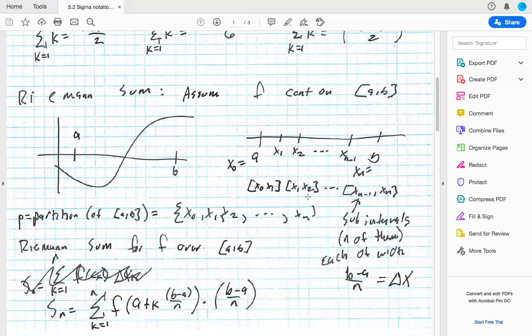Now, next we're going to talk about a Riemann sum. A Riemann sum is basically what we were doing yesterday, approximating area using rectangles. So what we're going to do with this Riemann sum is make some assumptions.